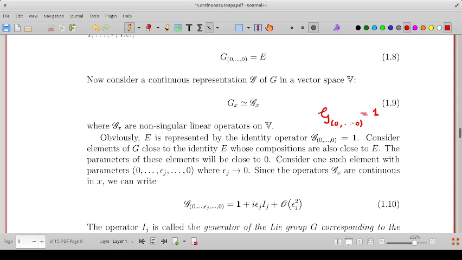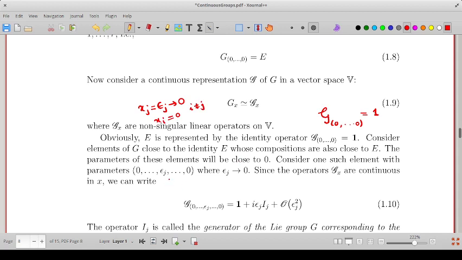Now we consider elements that are close to the identity of the group. So the parameters will also be close to the parameters of the identity. And we consider one case in which the x_j-th parameter is equal to epsilon_j, which is actually an infinitesimally small number, and all x_i is equal to 0 for i not equal to j.